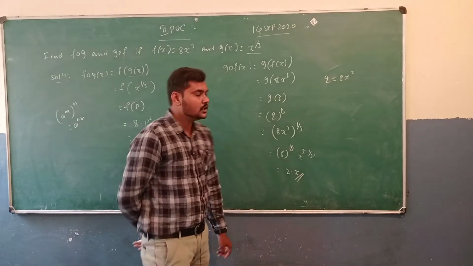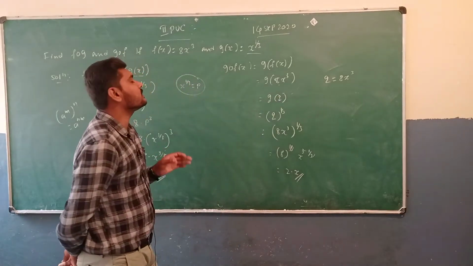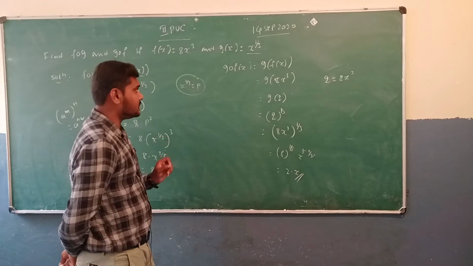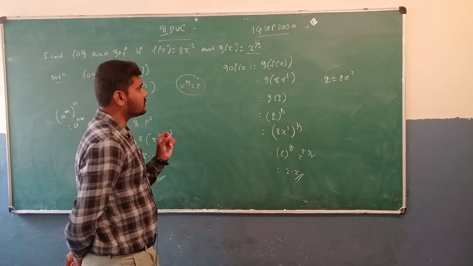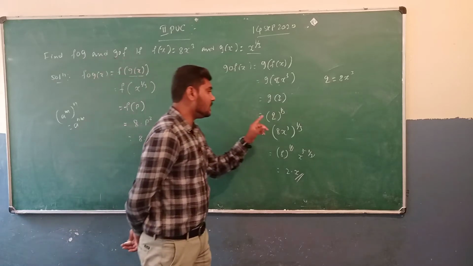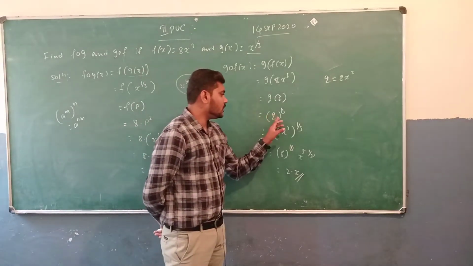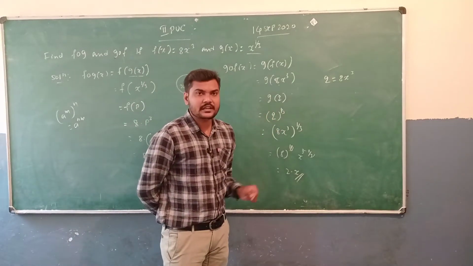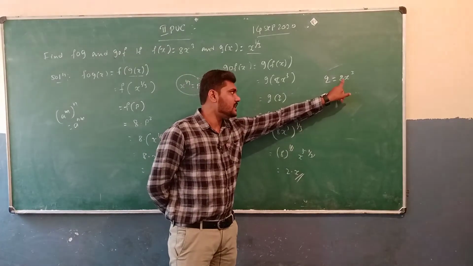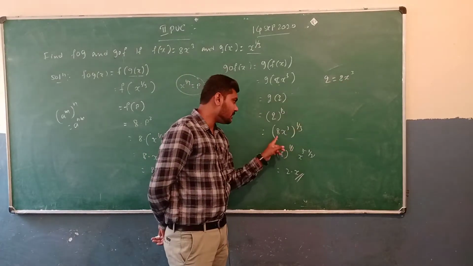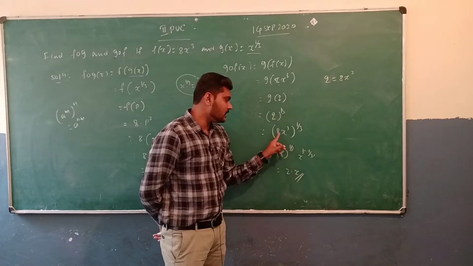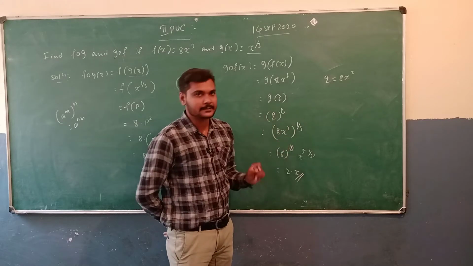They have given g of x is equal to x to the power 1 by 3. Then g of q is nothing but q to the power 1 by 3. But what is the value of q? Q is nothing but 8 into x to the power 3. So this time I make the substitution for q: 8x cube to the power 1 by 3.